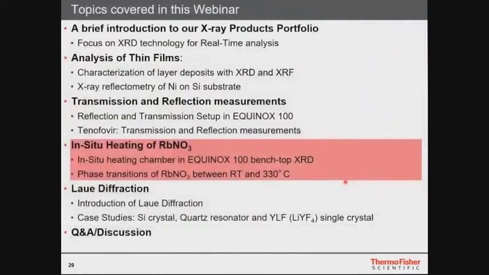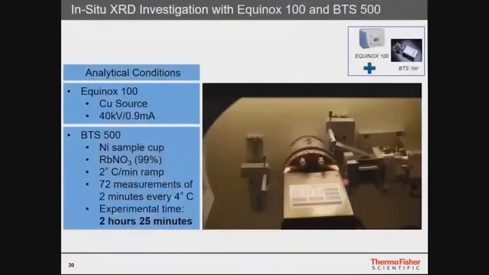We are coming to the in situ application on the example of rubidium nitrate. Rubidium nitrate is a nice reference material because it has plenty of phase transitions at quite low temperatures. The setup looks like this. So we have this little heating chamber. It's from Anton Paar, called BTS 500, and can heat from room temperature up to 500 degrees centigrade.